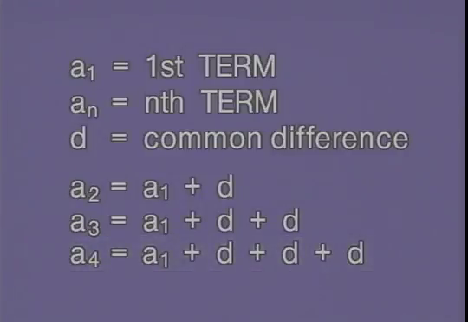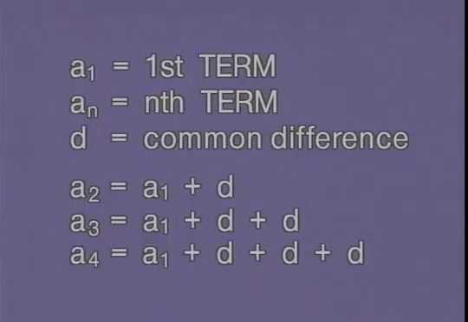Looking at those 3 definitions, if you will, notice there's something common. Can you see a formula for finding A sub n? Because you'll notice that in every case, the number of common differences, the number of d's we added, is always 1 less than the little subscripted number under the A. That is, to find A3, we took A1 plus 2 d's.